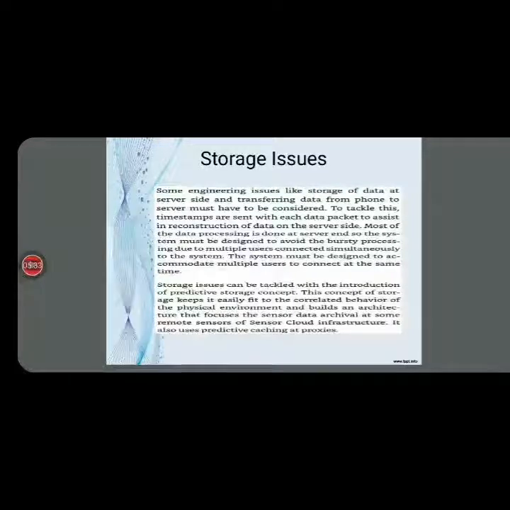Sometimes we use cameras at home, which load data 24 hours, and that is wasted for our storage. If we store it in the cloud, sometimes the value is suddenly not stored, so it causes issues in storage.